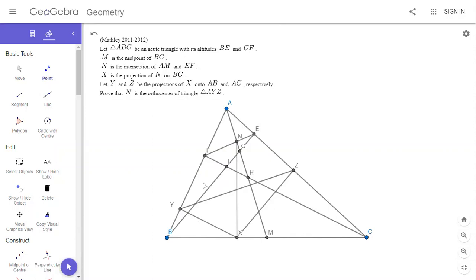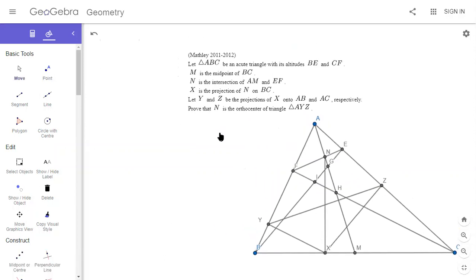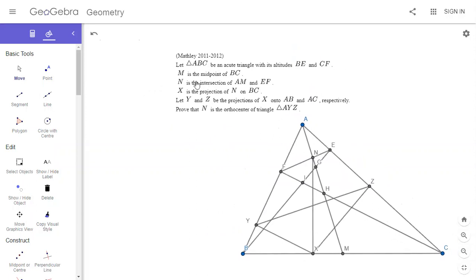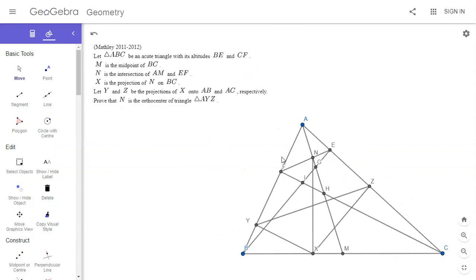Yeah, so this feels like projective geometry. Let me just see for a sec. Yeah, I think this is just projective geometry. But yeah, we would need BY over AY. So, trying to think how we would get that.